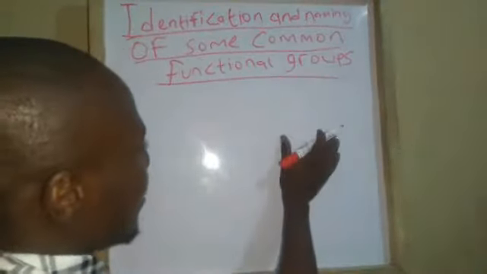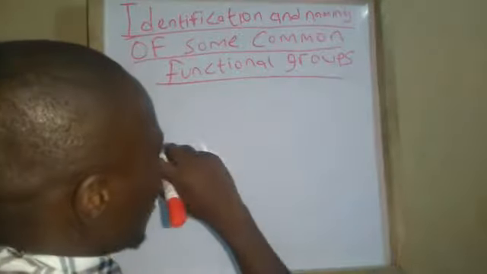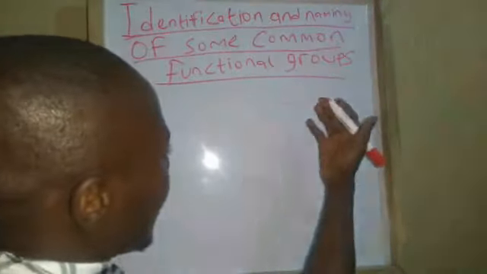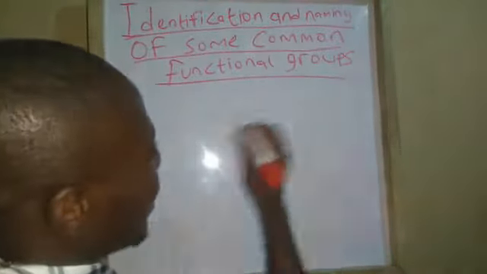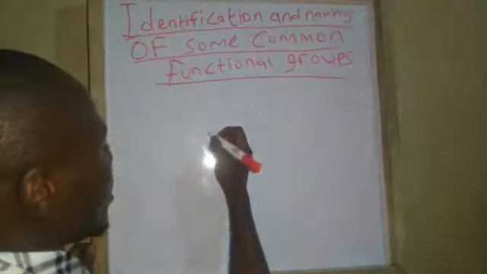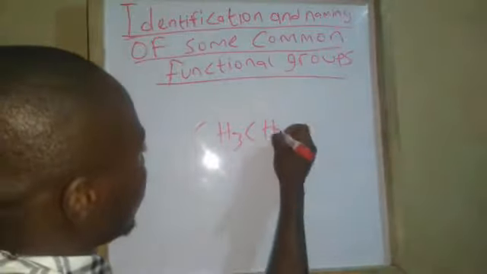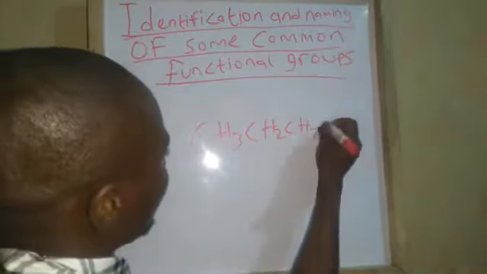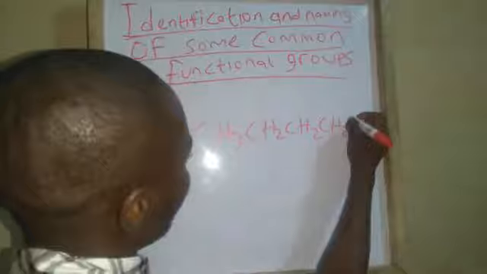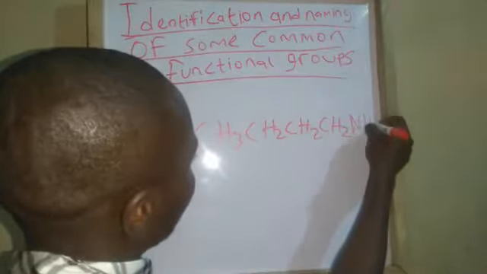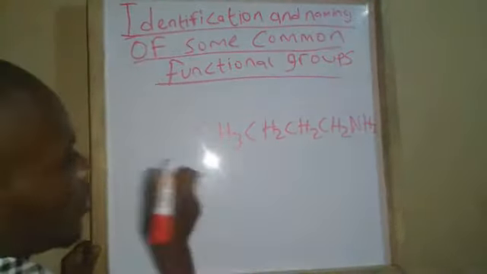If we have to write butanamide, that means we need butyl and NH2. Butyl is CH3 CH2 CH2 CH2, then NH2.